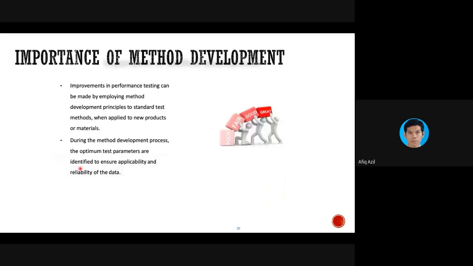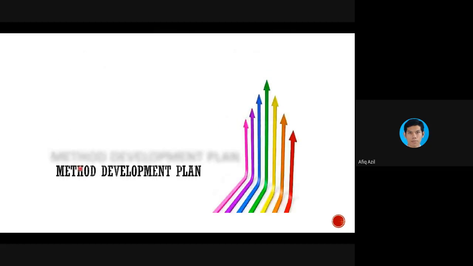Before we go into the plan, normally the use of method development, if you work later on in pharmaceutical manufacturing companies, will normally be employed in R&D, research and development. This is because if you have any new products that you want to sell, you must test the product first, right?